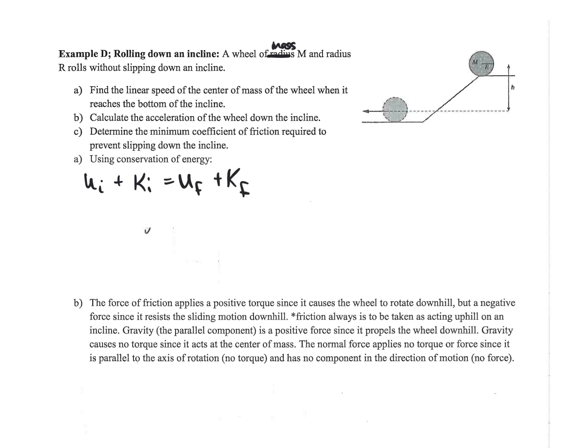In the beginning it doesn't have any kinetic energy because it starts from rest, and at the bottom it doesn't have any gravitational potential. So at the top we are at mgh. At the bottom we are what? It rolls without slipping, so 1/2 I omega squared plus 1/2 mv squared.